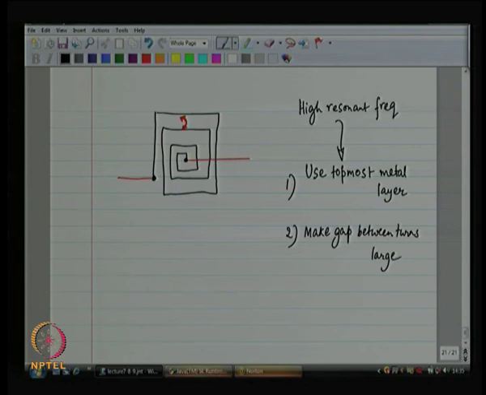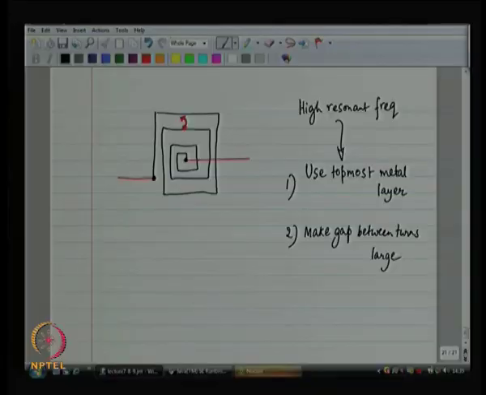Fine. This is understood, this is easy to understand. So, if I increase the gap between two successive turns, the parasitic capacitance is going to decrease, everyone is happy, fantastic. Now, if I have increased the gap between two successive turns, the area of the device is going to increase, fantastic.